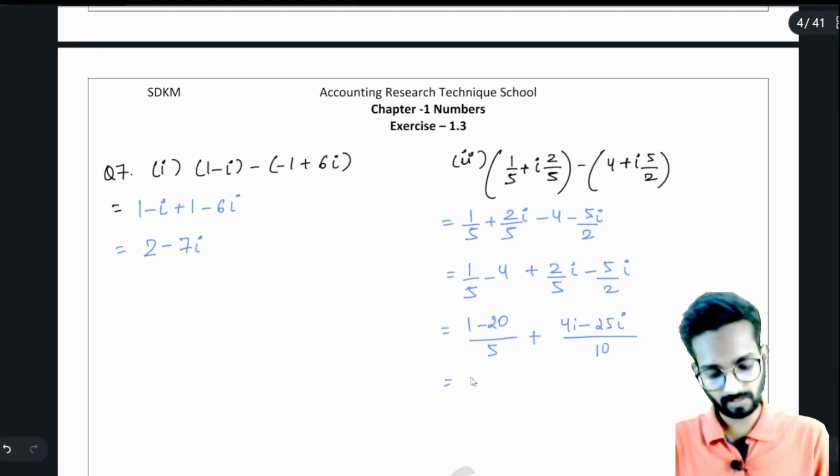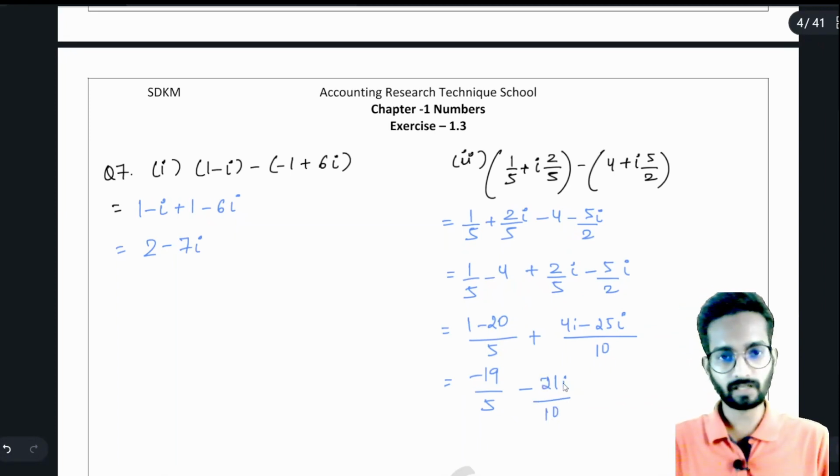Okay, now minus 19 by 5. Here 4 minus 25 will become minus 21, so minus 21i by 10.